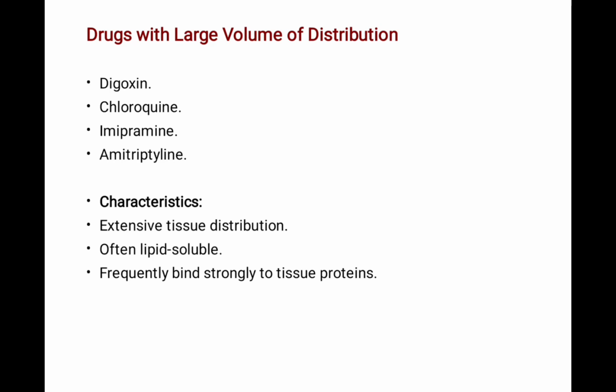For drugs with a larger volume of distribution, examples we have digoxin, chloroquine, imipramine, and amitriptyline. The characteristics of these drugs is that they have an extensive tissue distribution, they are often lipid soluble, and they frequently bind strongly to tissue proteins.